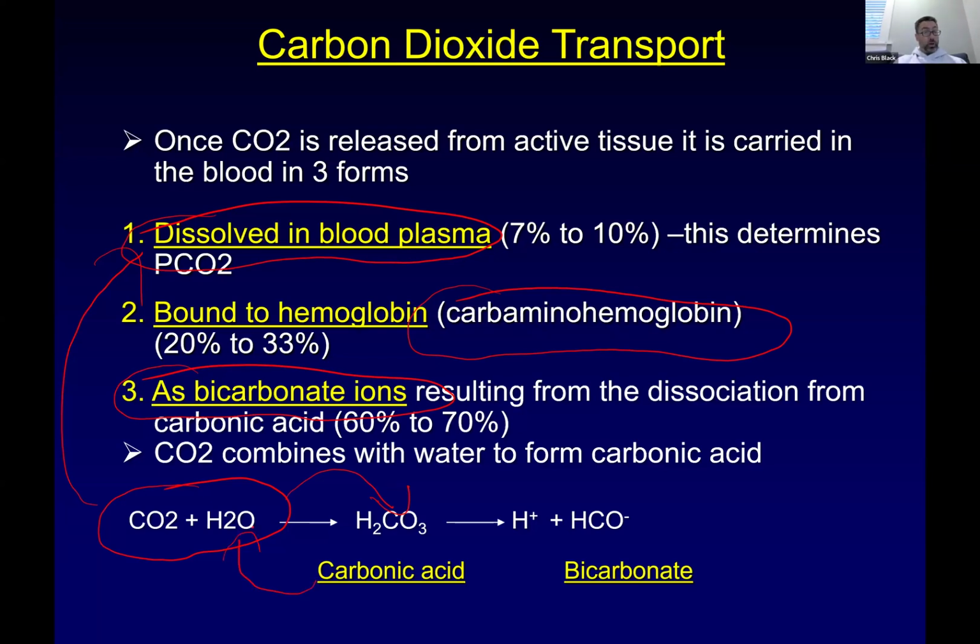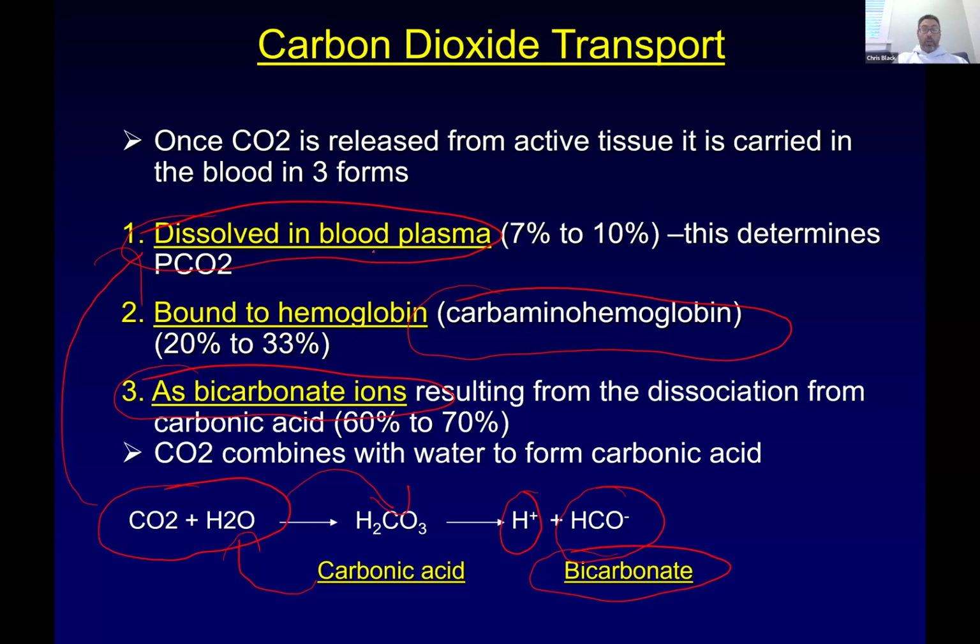So you put an acid in water and it dissociates. You get a free hydrogen ion and a molecule of HCO3 minus, which is what we call bicarbonate. And so you have lots and lots of this HCO3 minus floating around in your blood. You've got some CO2 that stays as CO2 in the plasma.